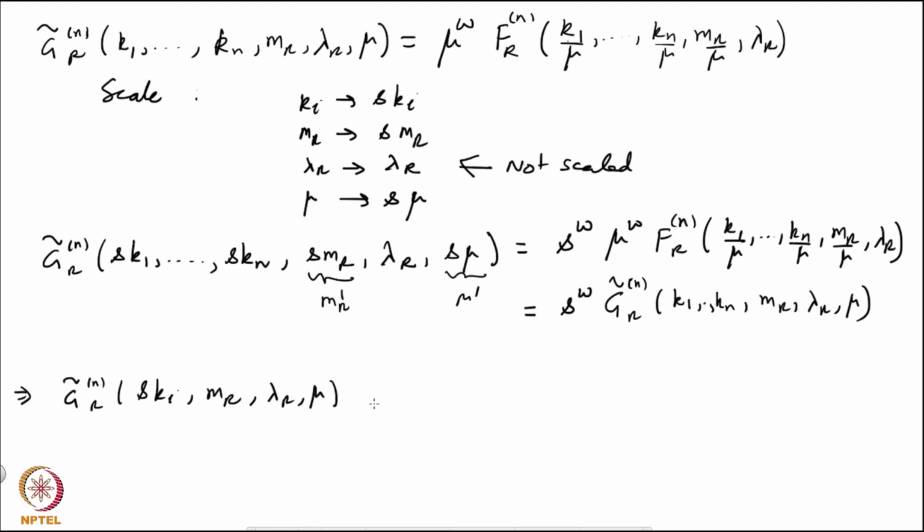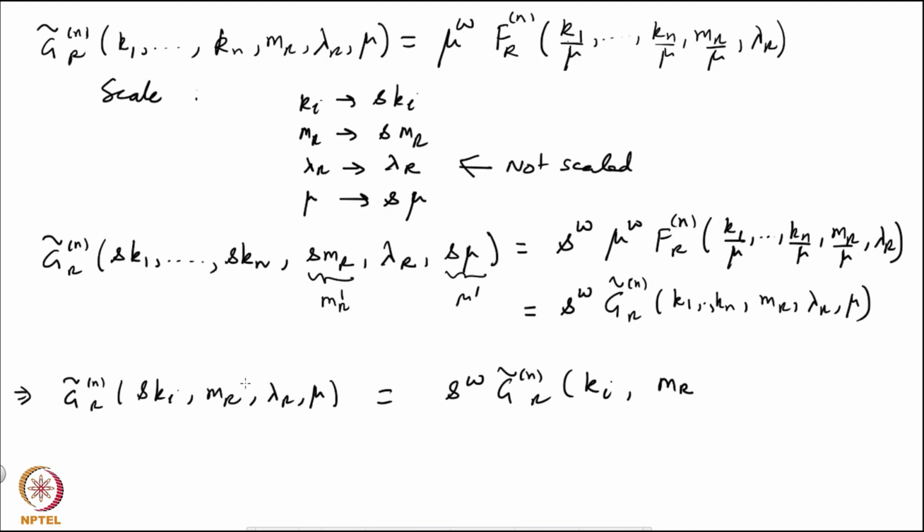So mentally you read it as mr prime, mu prime, and this is s to the w, g tilde n, r, ki's. Then if this is mr prime, then this is mr prime divided by s, right? There is a factor of s between the two.